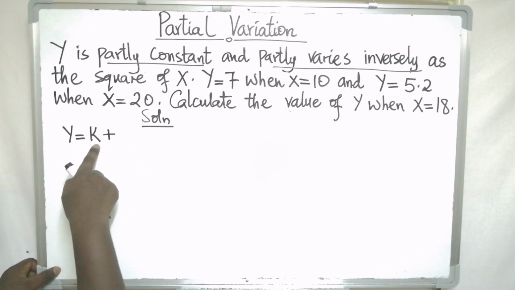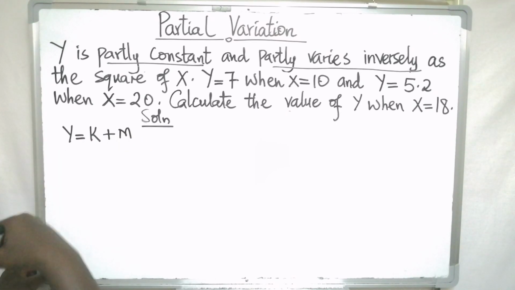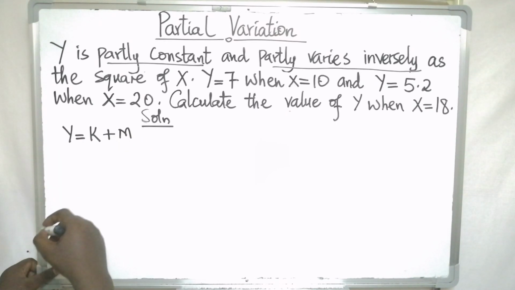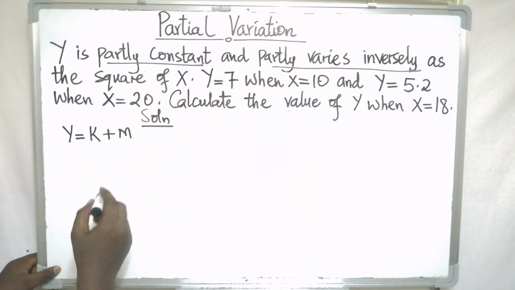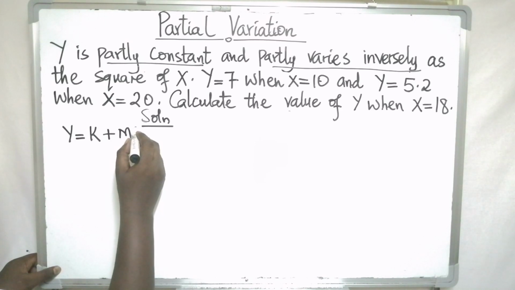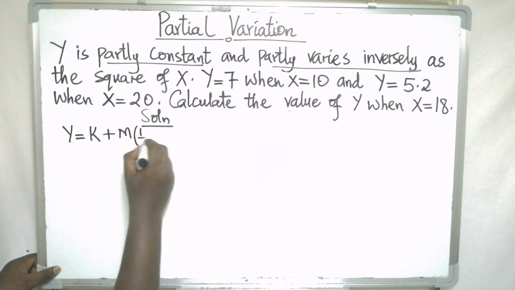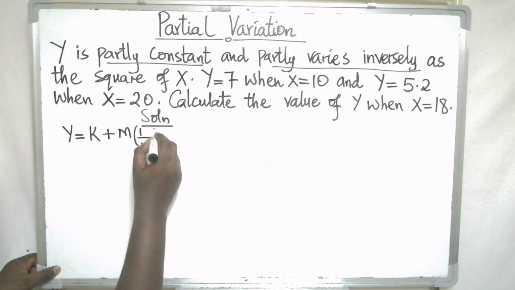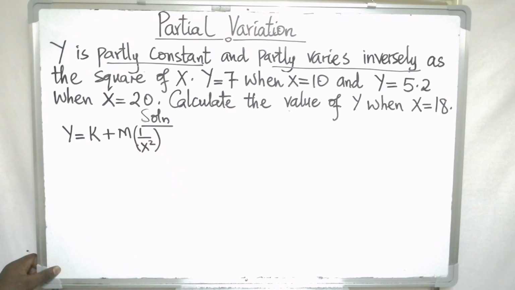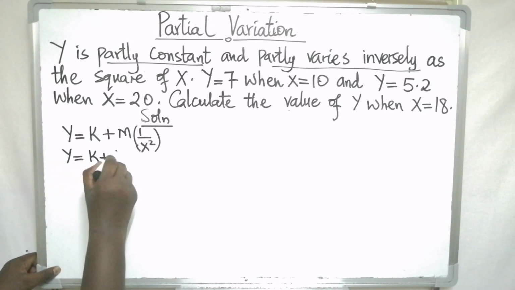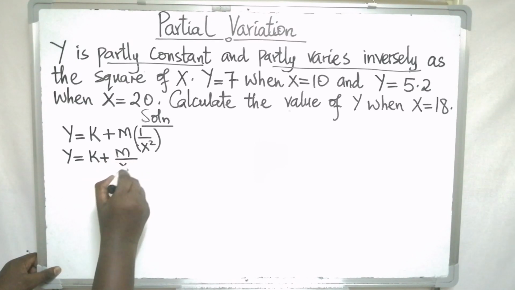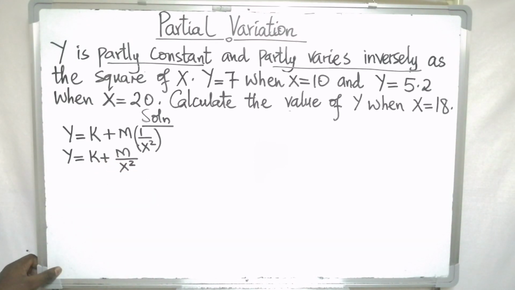The second part will have another constant m times the inverse of the square of x. We multiply by the inverse of the square of x, and that gives us y is equal to k plus m over x squared. So that is the equation we're going to use to solve the problem.